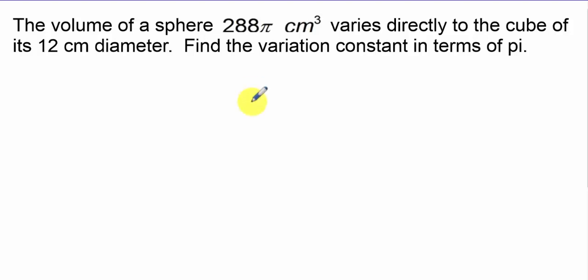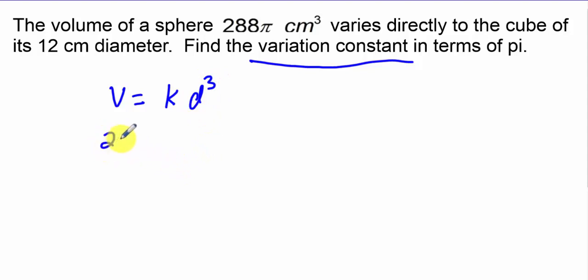The next example talks about a direct variation, and they ask us to find a variation constant. So this is a singular example problem, or singular situation. I know that the volume varies directly with the cube of the diameter.